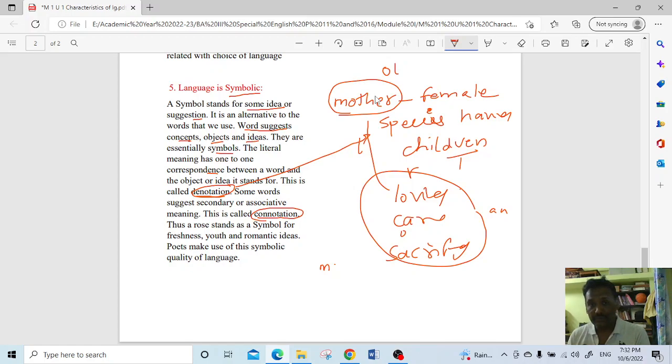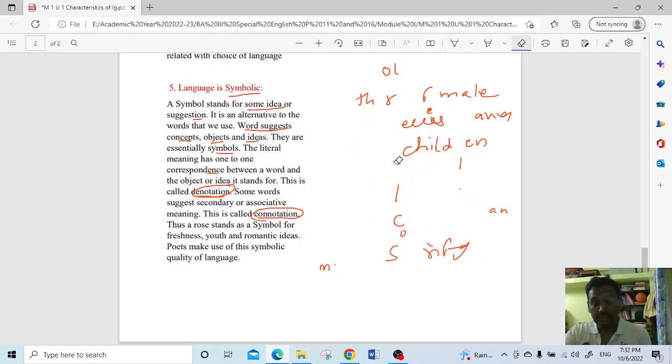So there are two types of meaning or two types of ideas represented by a symbol. One is denotation and the other is connotation. So in this way, denotation and connotation.